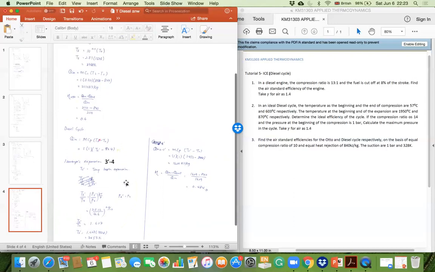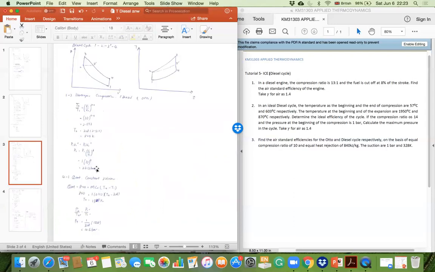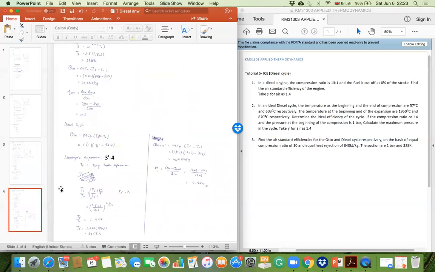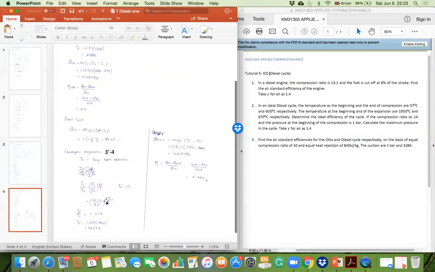Where do you get your T4? Again, T4 is 1508. We just plug it in, so we can get our T3 dot. Therefore our Q in is quite easy to get now, and so is your diesel cycle efficiency. Is it okay?